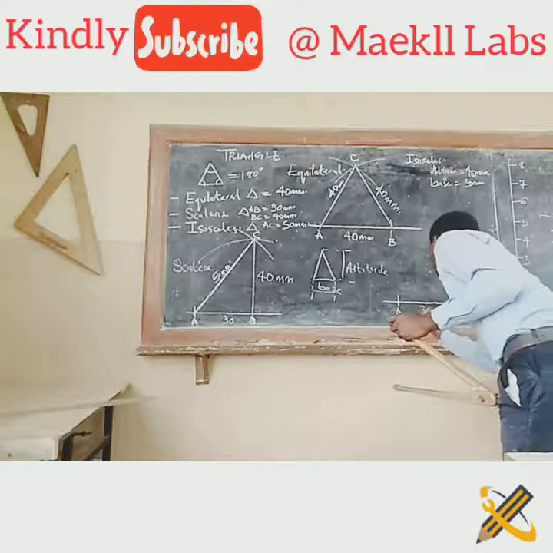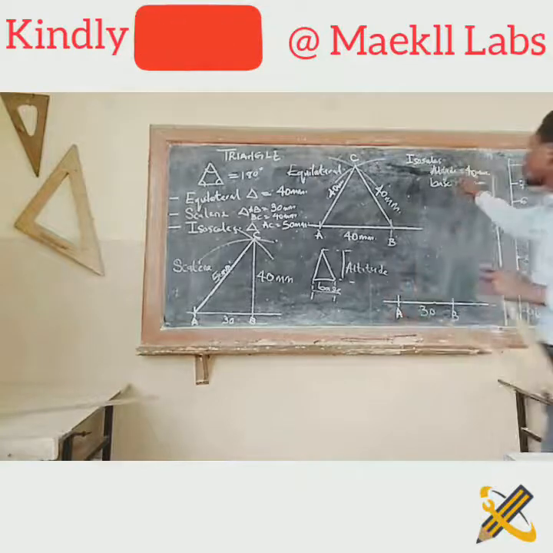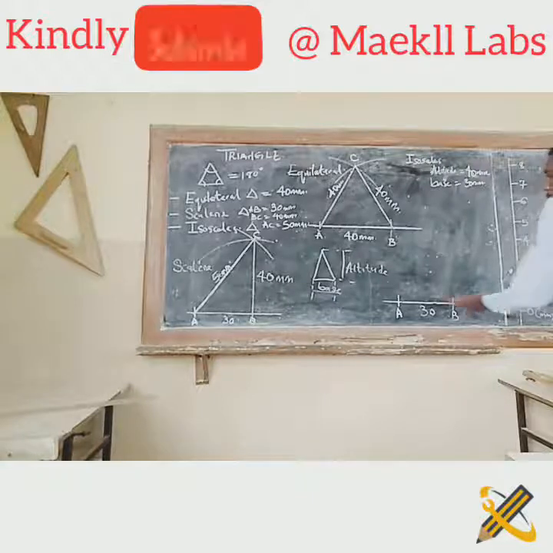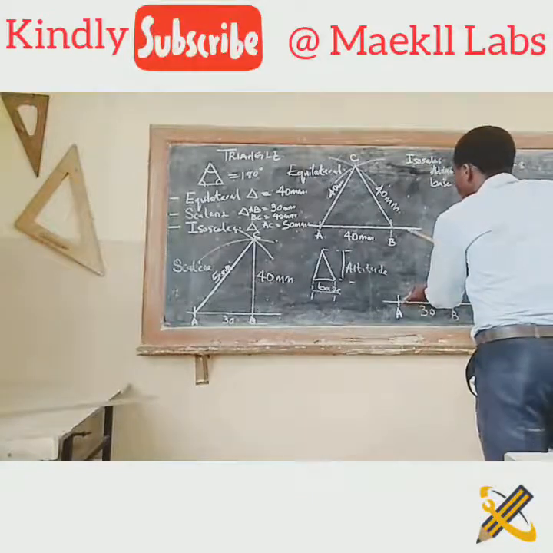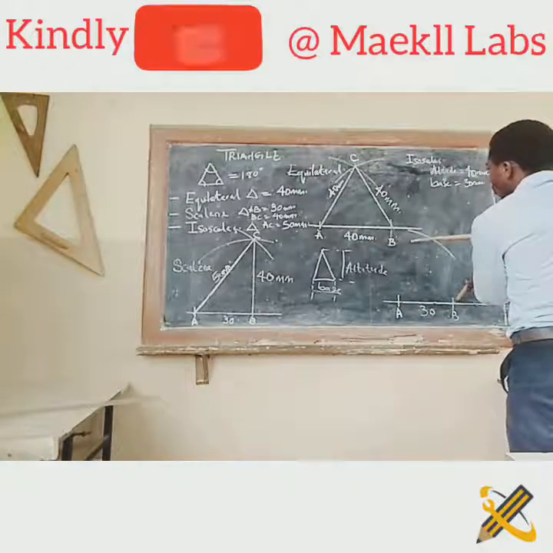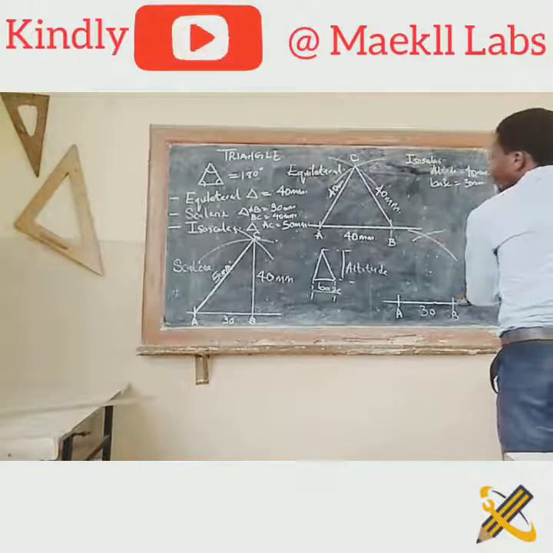We are told that that's 30, and our altitude is 40. So you come back on your ruler and pick 40. Alright, so come to point A, then strike an arc with the 40, then point B also. Strike another arc with the 40.